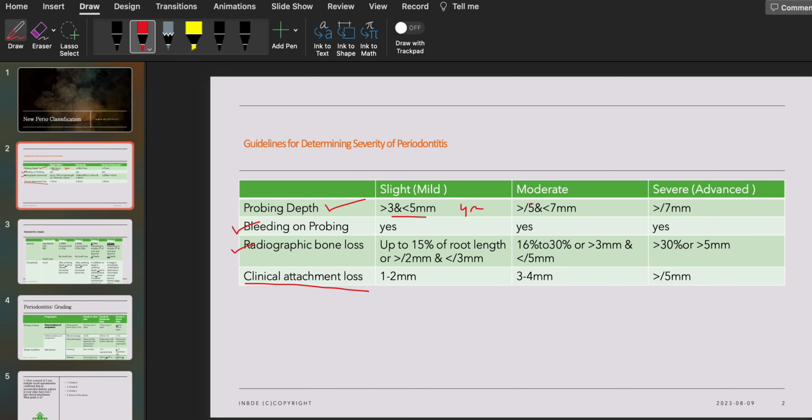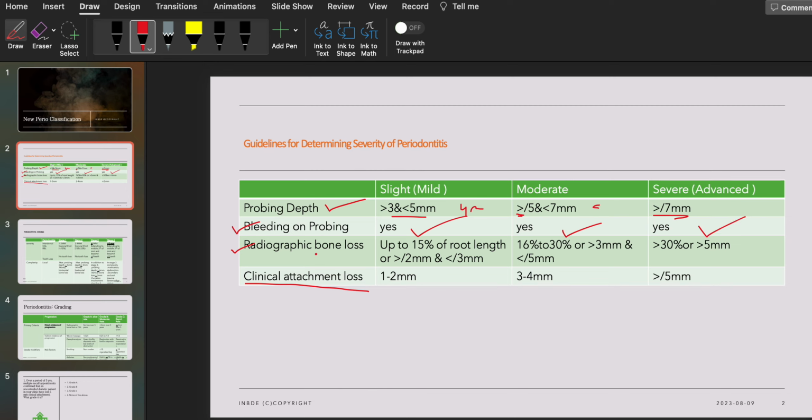Sorry, I just didn't know how to make this sign. So I would say less than or equal to 6 millimeter. Severe will be more than 7 millimeter probing depth. Bleeding on probing is a definite criterion, present in all the three categories.